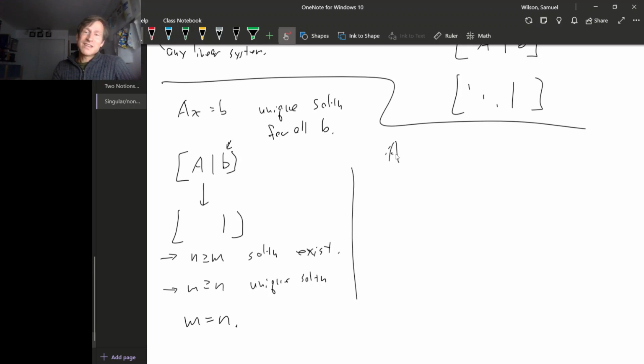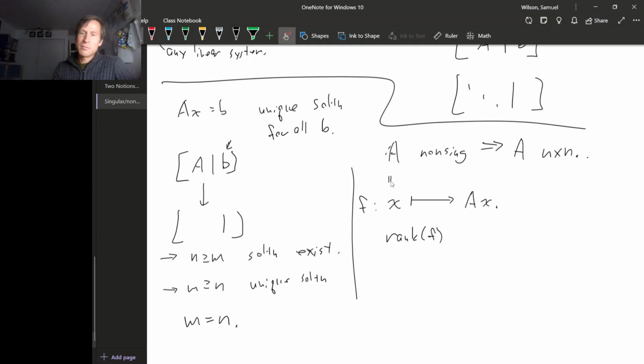So since A is non-singular, that means, among other things, A is square. It's n by n, right? Now let's think about this linear map that A produces by going from x to Ax. What is the rank of this map? To give this a name, let's call this f. What is the rank of f?